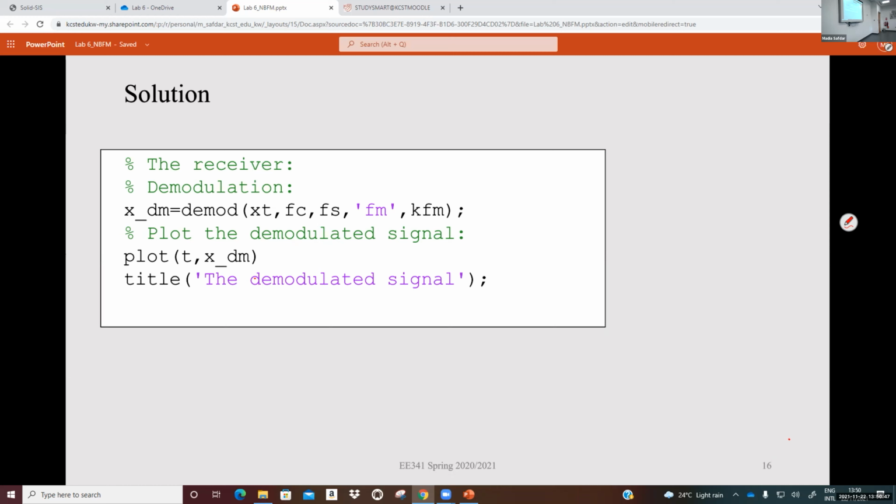I think this is easier than amplitude modulation. Here we are not going to the frequency domain, right? We can plot in the frequency domain, but we are already dealing with frequency. Since demod is there, directly we are getting the same signal.